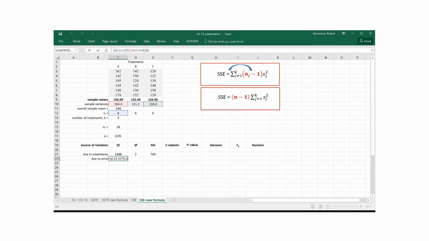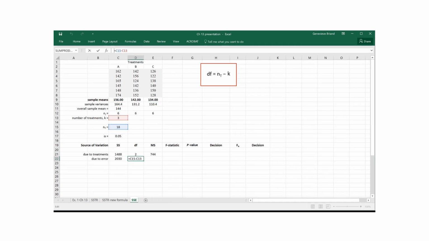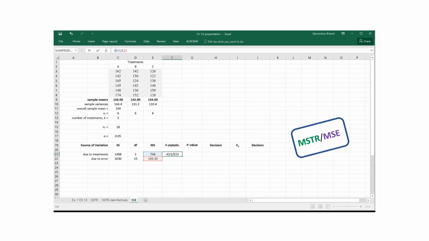Here's our modified equation, how it looks in Excel. Next, degrees of freedom nT minus k, mean square is sum of squares divided by degrees of freedom. And finally our F statistic, MS due to treatment divided by MS due to error.